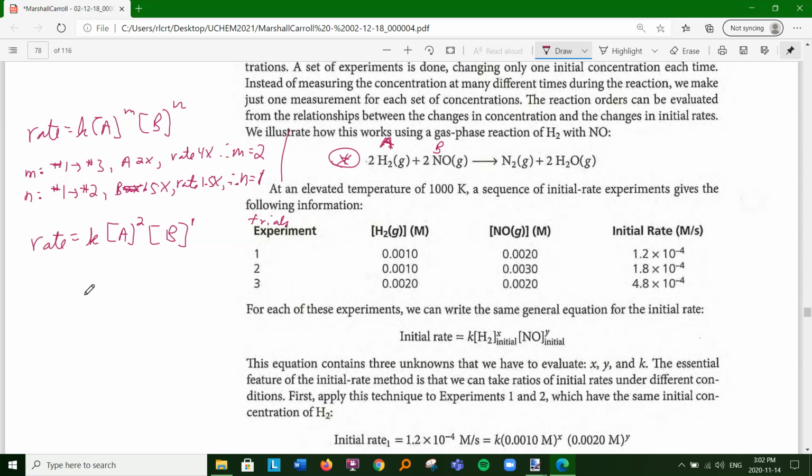It is also helpful to get the value of K. And typically, we use data from trial number 1 to get the K value. So my K here is going to be the rate divided by A squared times B. The rate in the first trial is 1.2 by 10 to the minus 4, divided by 0.001 squared, times 0.002.